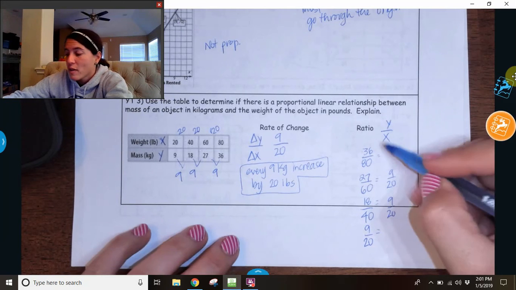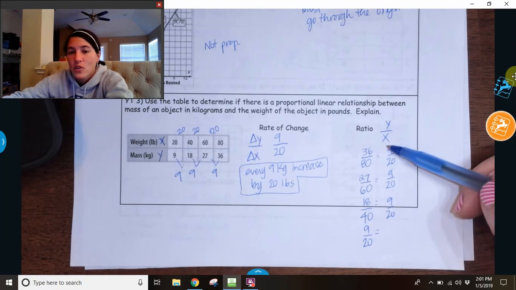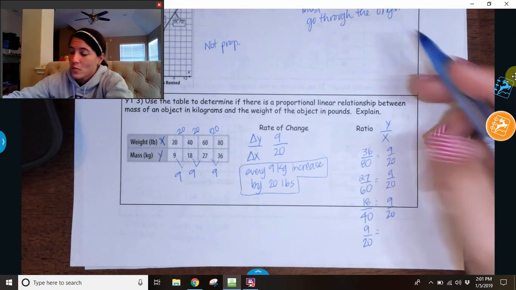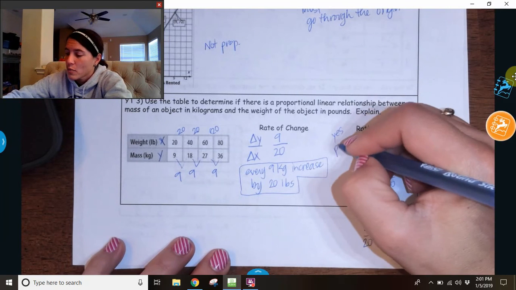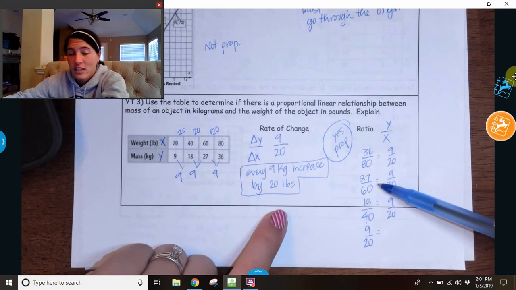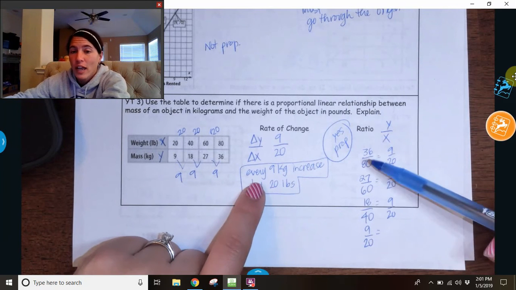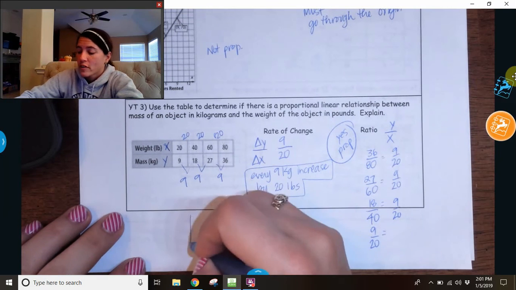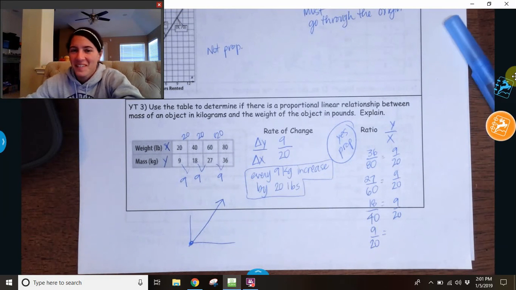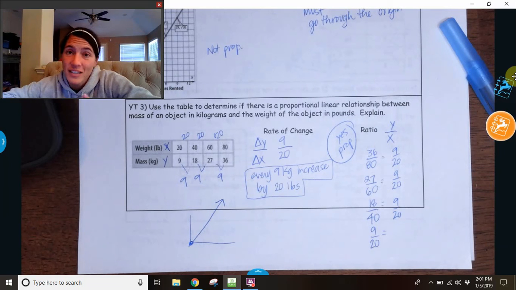And I can divide these by 4 and I get 9 over 20. So you see all the ratios are also constant, which means it is, yes, proportional. So this example would be linear and proportional. And if you graphed it, it would go through the origin and it would be increasing. All right, so we'll practice more with constant rate of change and proportional relationships in class.